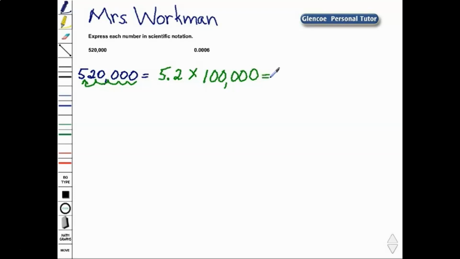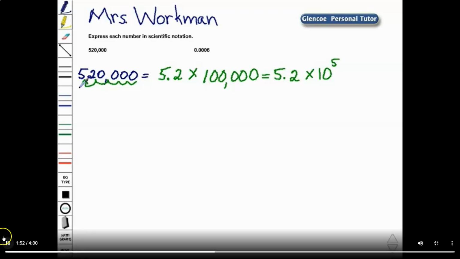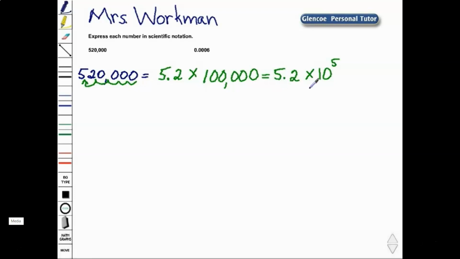Finally, in scientific notation, the power of 10 is written with an exponent. So that would be 10 to the 5th power. So 520,000 in scientific notation looks like this: 5 2/10 times 10 to the 5th power.